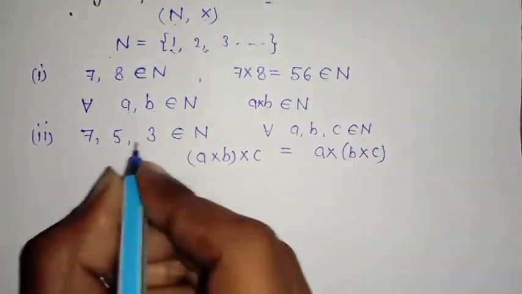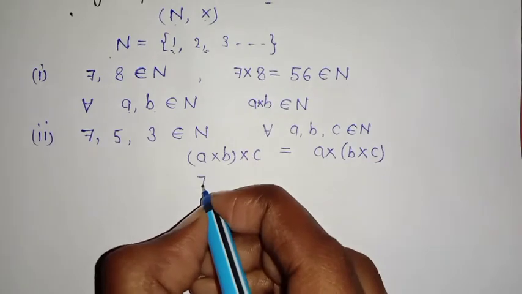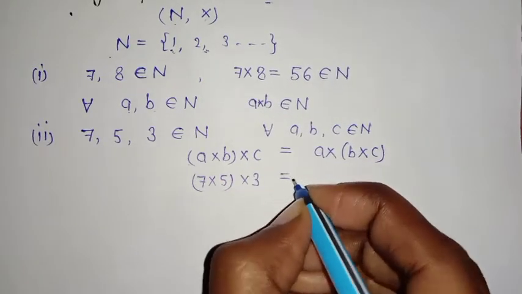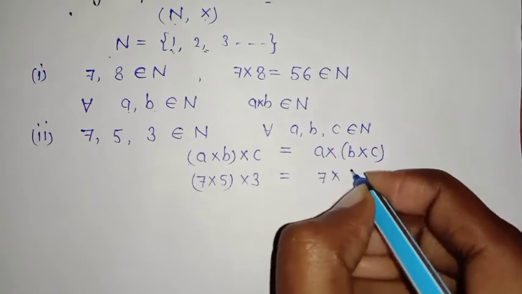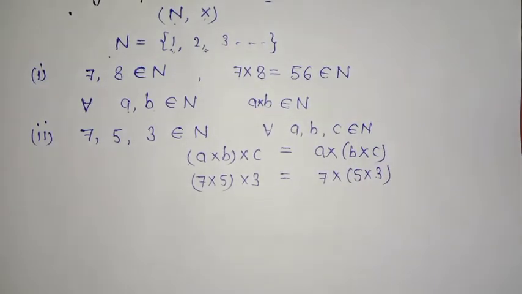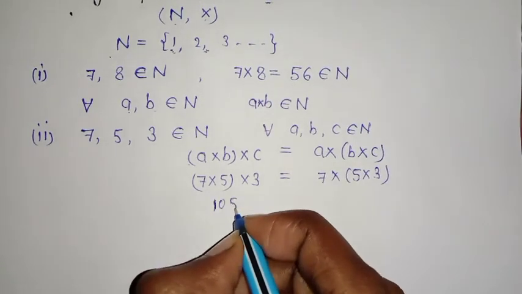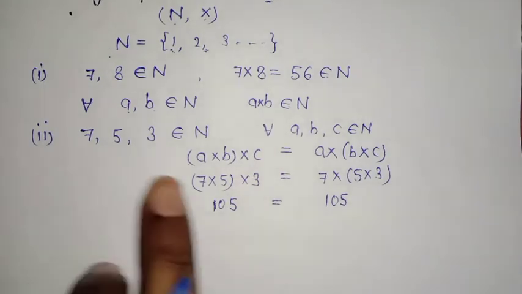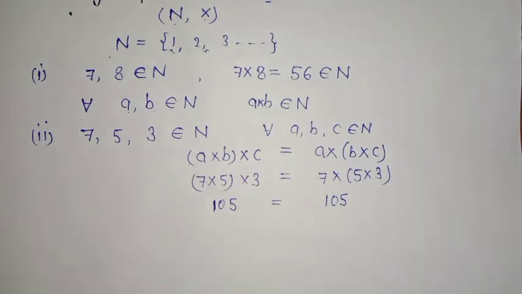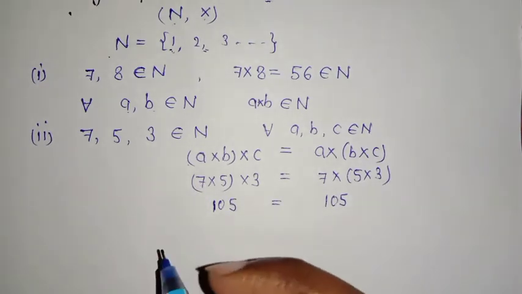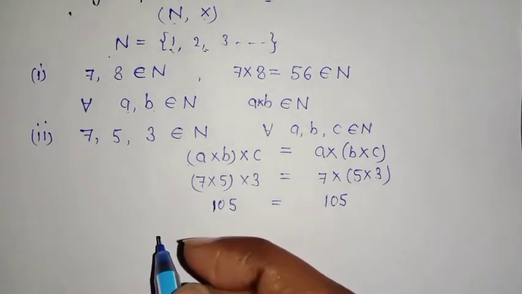We can check here: if we put 7 into 5 into 3, we get the same result either way, that is 105 and 105. So here you can see the property is satisfied in this case, and also we know that the product of any two natural numbers is again a natural number. So in this way we can also understand.